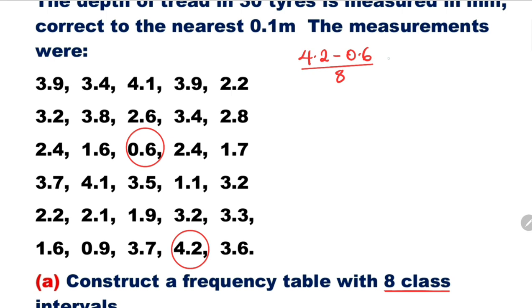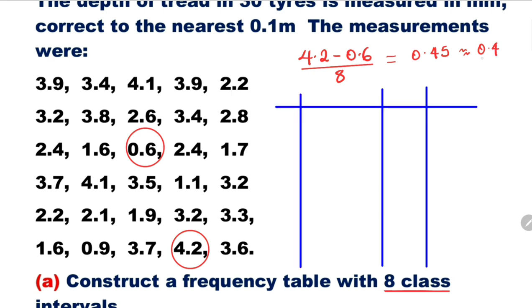Now what you're going to have in this case will be 0.45. So just leave it as 0.4. Then you form the table as below. Remember this 0.4 stands for the class width. So we can start with our class intervals.